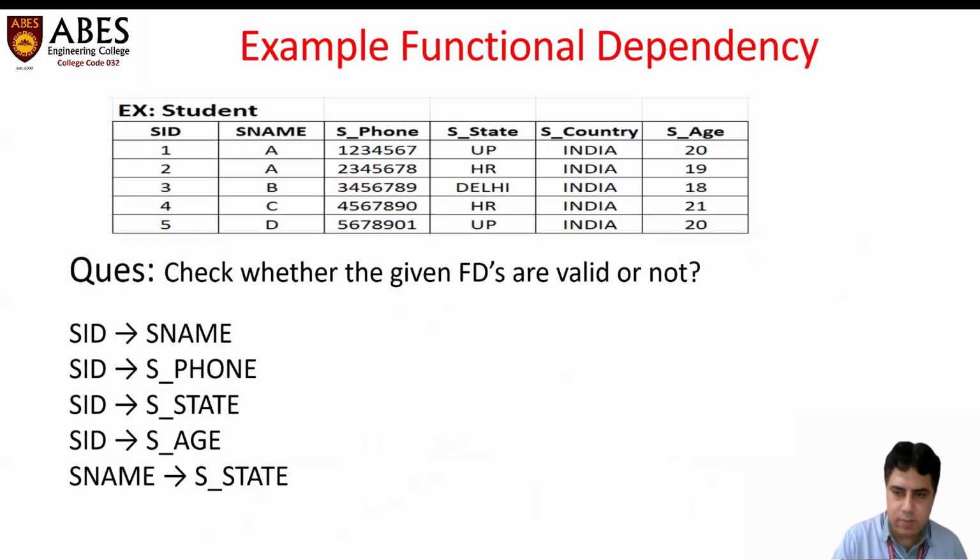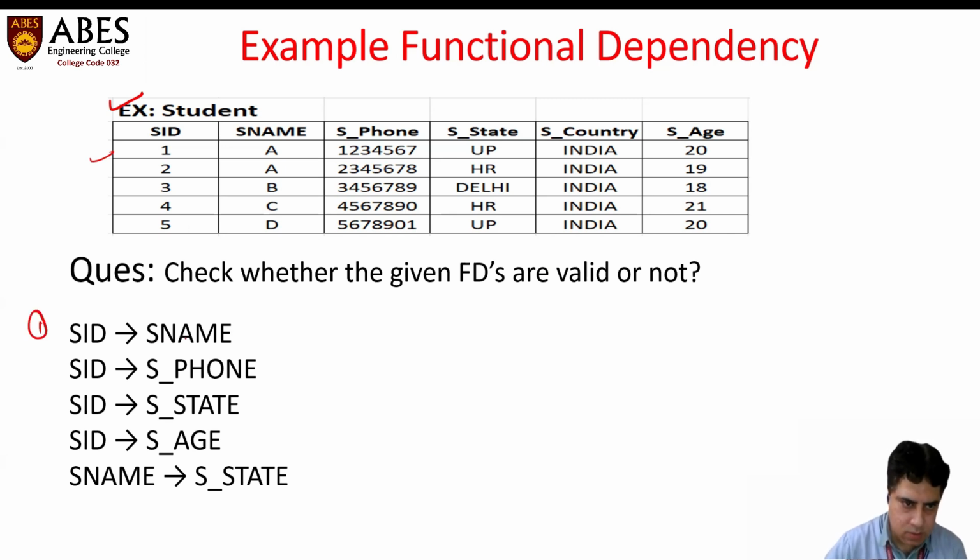Let us take one more example. This is a student table. There is student ID, student name, student phone, student state, student country, and student age. The question is to check whether the given functional dependencies are valid or not from the tuples given in this table.